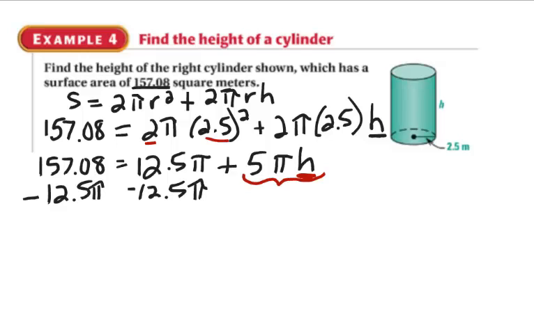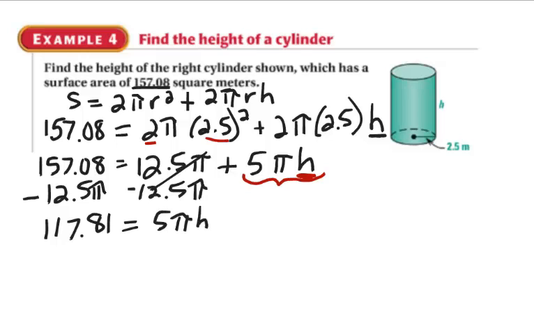Got to subtract those on both sides first. Since we started with decimals, we're going to put this in decimal form. So 157.08 minus 12.5 pi is going to give me 117.81, and that equals 5 times pi h.